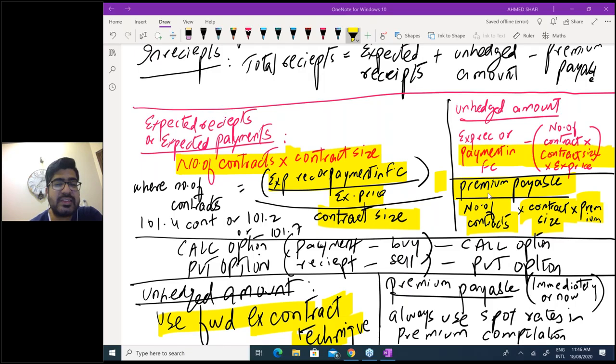Jangobas, you have to complete the lecture to get a grip on call and put options. The basic rule is that in payment you have to buy, so you need a call option, and in receipt you need a put option. What are the exceptions? Please stay tuned.